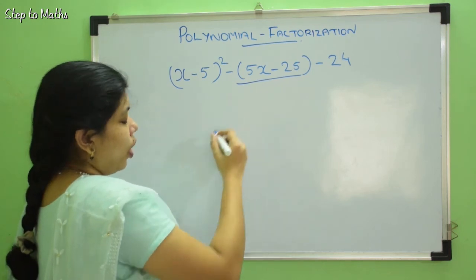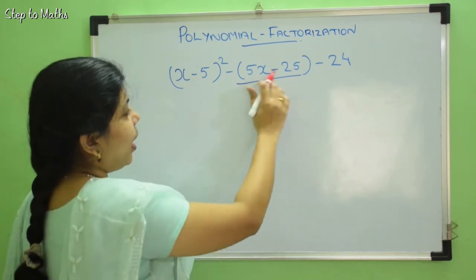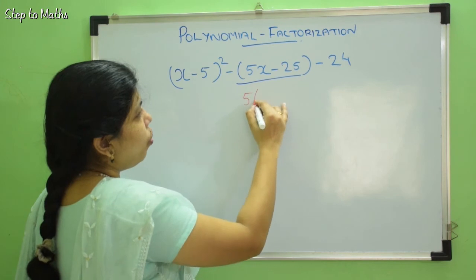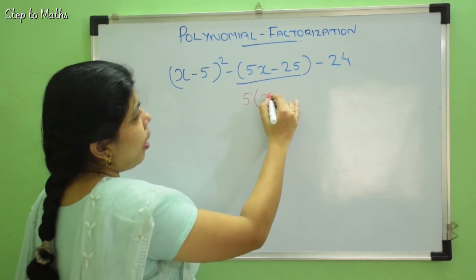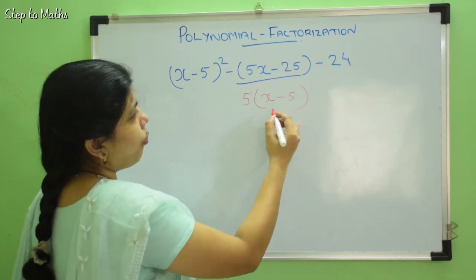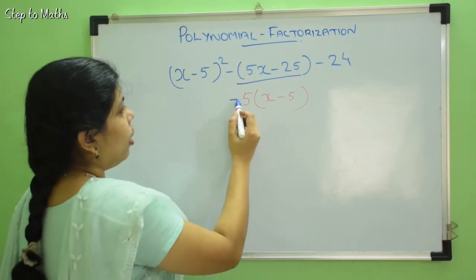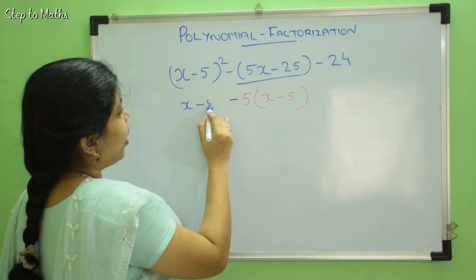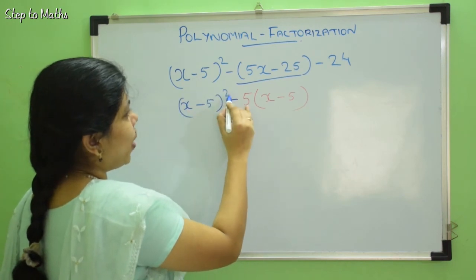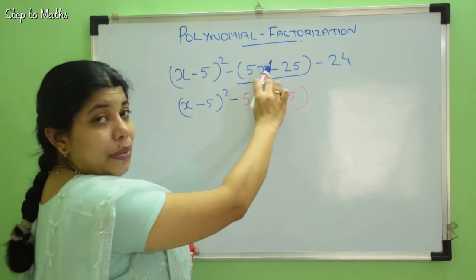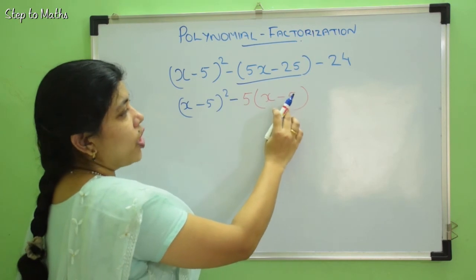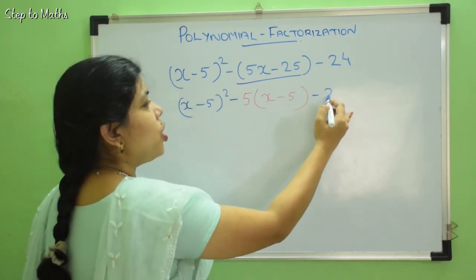That means we can rewrite this term as 5 into (x minus 5). The first term is (x minus 5) whole square minus 5 into (x minus 5) minus 24.